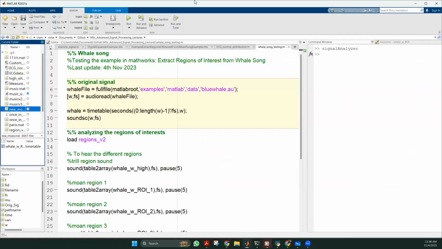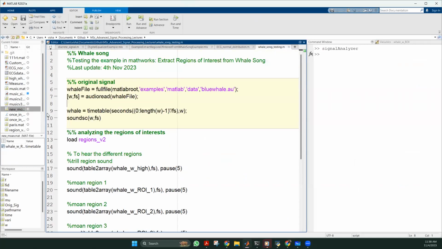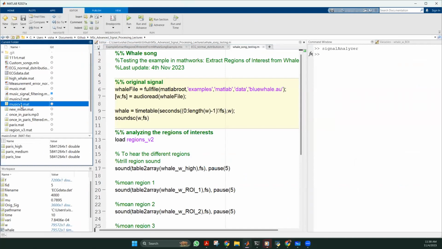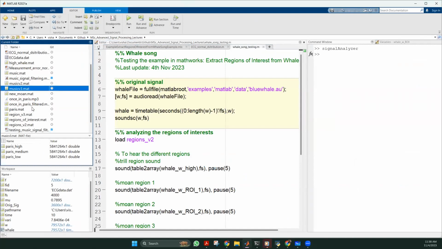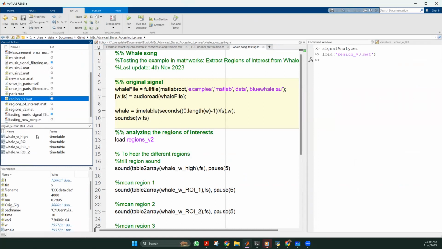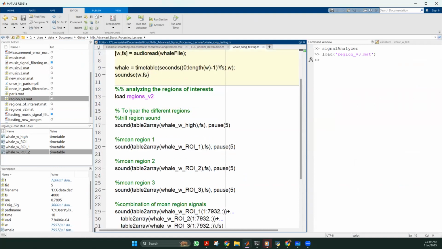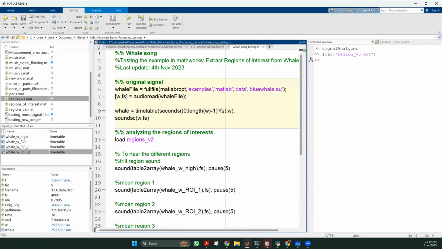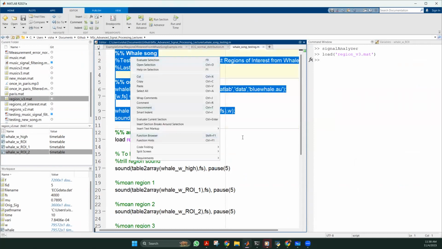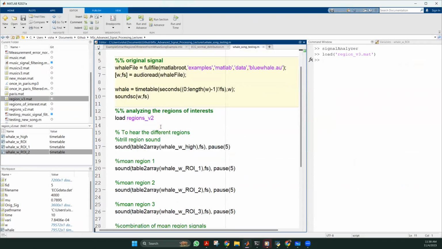Then once I go to the command window, I will be able to see it appearing as a data set in here, region version 3. Under region version 3, if I select, I can see all the signals that I have tried to obtain using my signal analysis. And then I will now run this code. I will run this part only for the original signal.